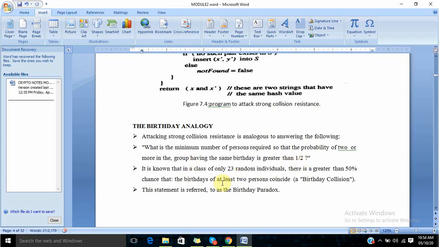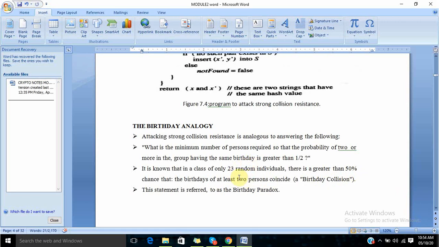They are telling, students, that even if you take as few as 23 random individuals, in that set of 23 people there is a 50% chance that two people's birthdays fall on the same date.